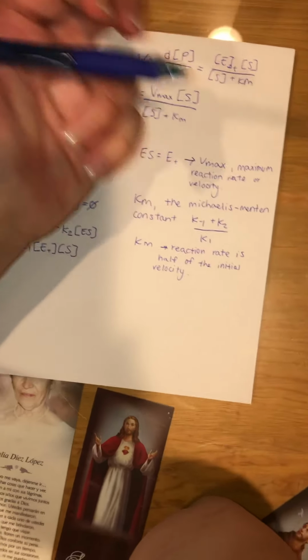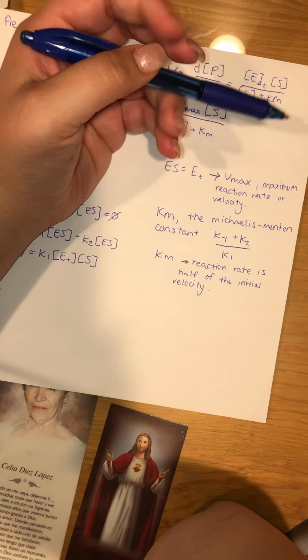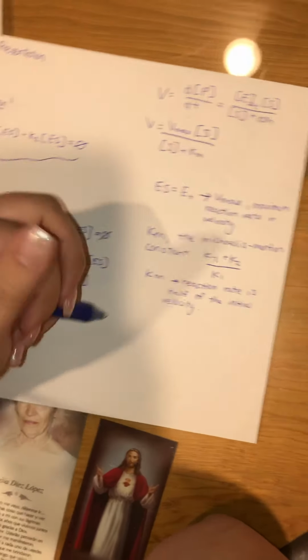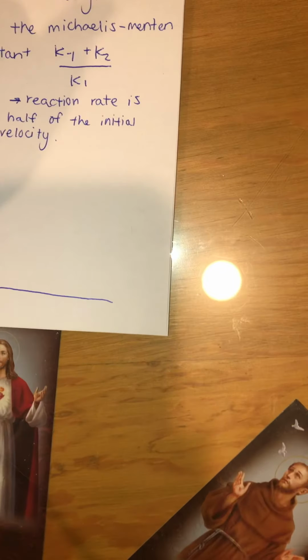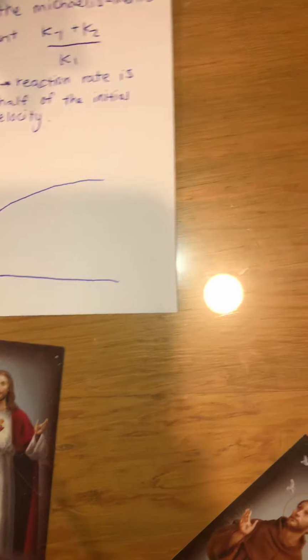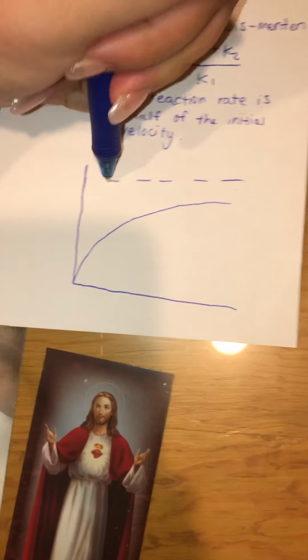So just also to know, when Km is high, you have a low affinity, and when Km is low, you have a high affinity. So when it is graphed, I apologize for this very ugly graph, and it would be something sort of like that. The Vmax would be up here.